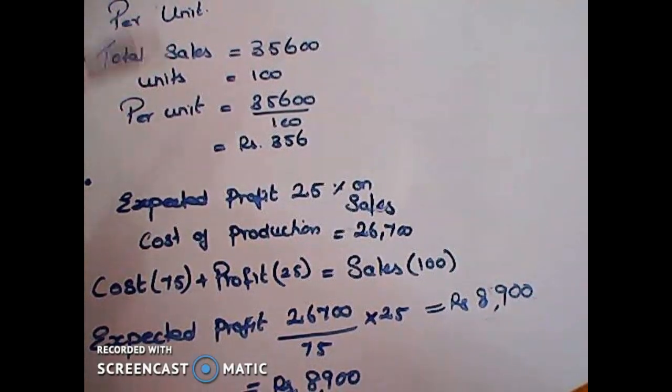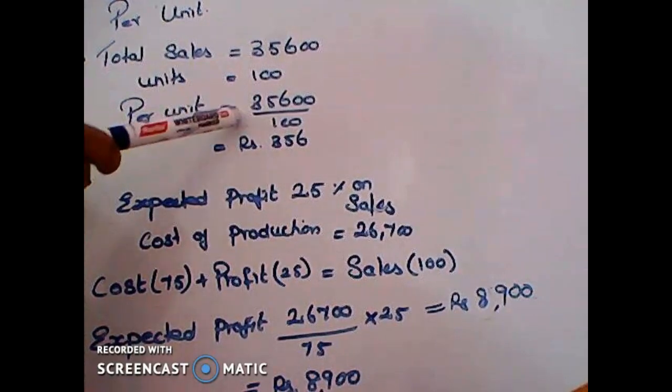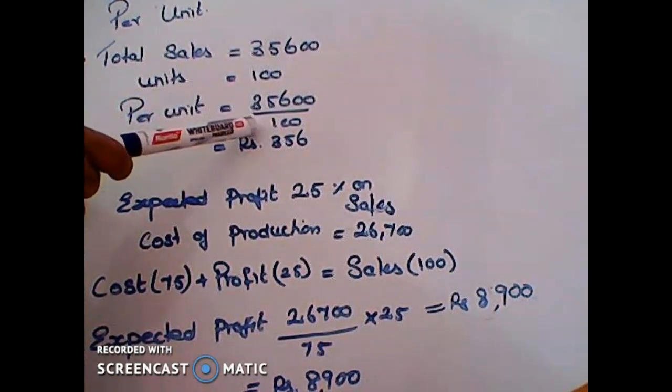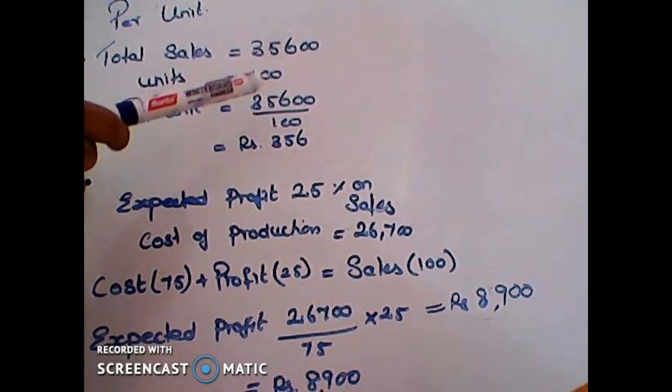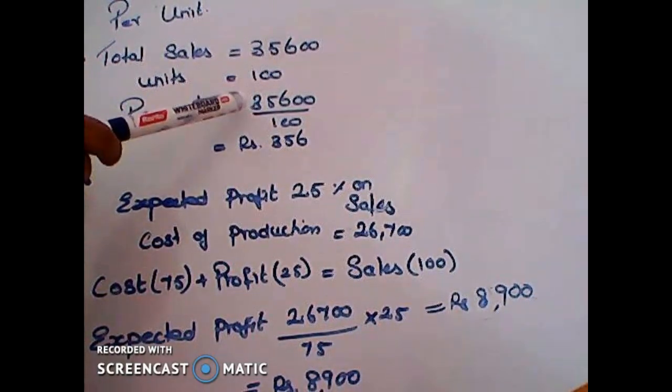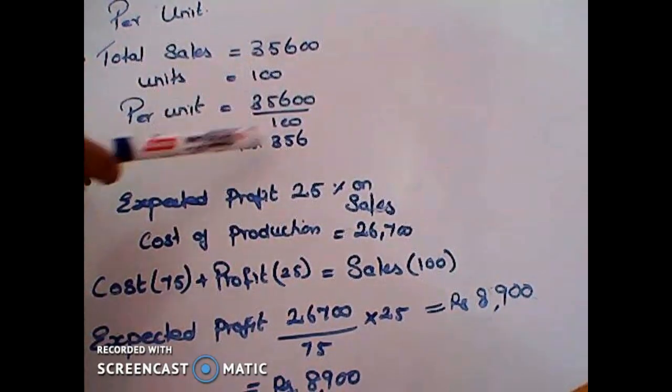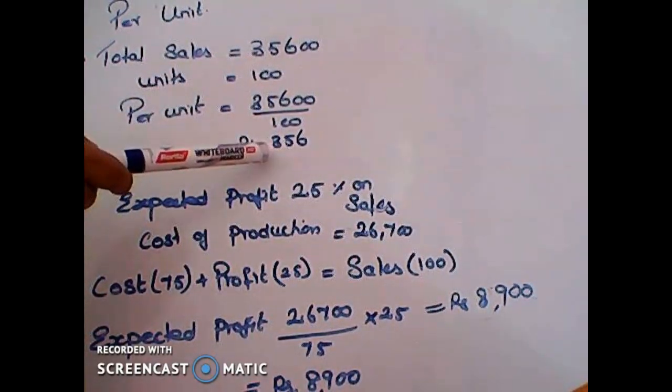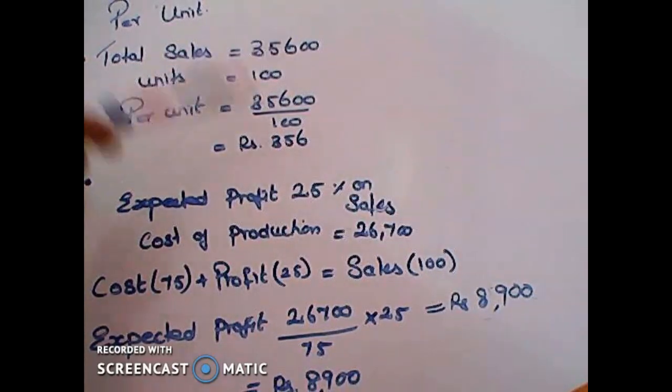We should first underline that, and from that we can understand the number of units is 100. So if the total sales is 35,600 and the units are 100, we can easily calculate the per unit: 35,600 divided by 100. For 100 units the total sales amount is 35,600, so the cost for per unit is rupees 356. In this way we can calculate the per unit.